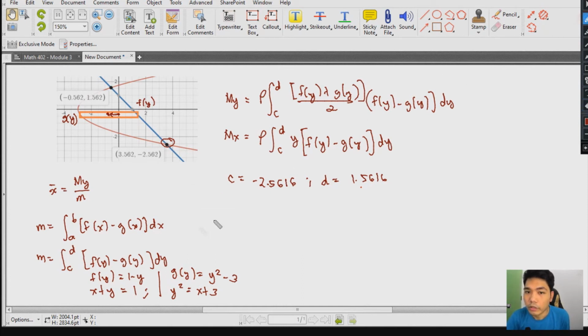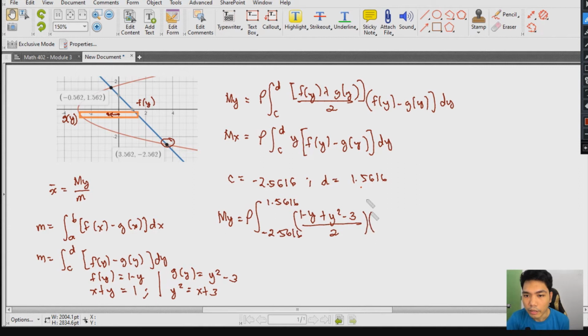Therefore, m sub y would be equal to the integral of the unit mass density from negative 2.5616 to 1.5616 of f of y plus g of y. So f of y is 1 minus y, and your g of y is y squared minus 3, and then you divide this by 2.